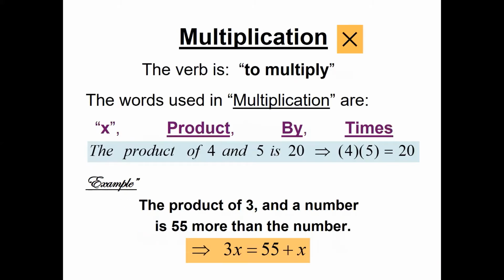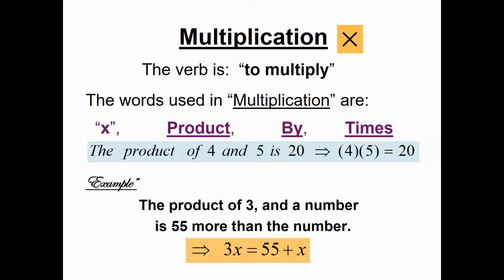Now, multiplication is nice. To multiply, the verb is to multiply. So the words used in multiplication are the sign of the multiplication, the product, by, or times. So we say the product of 4 and 5 is 20. See, the product is the result of multiplication. 4 times 5 in the bracket, when you multiply, you get 20. Let's see a nice example here. Translate.